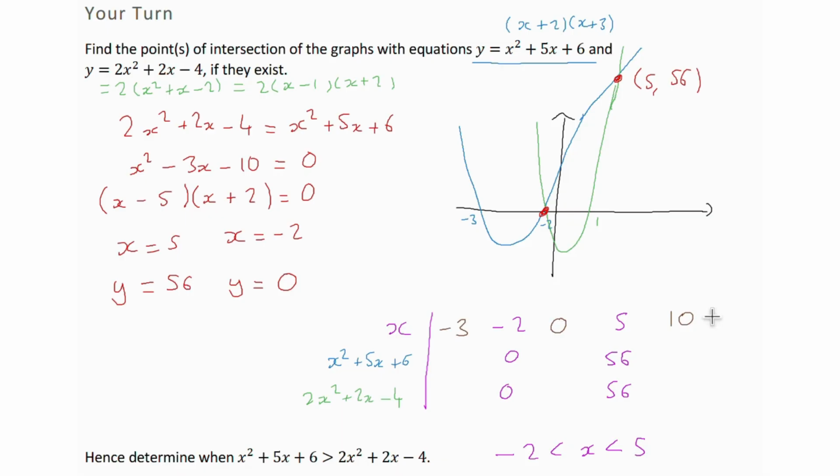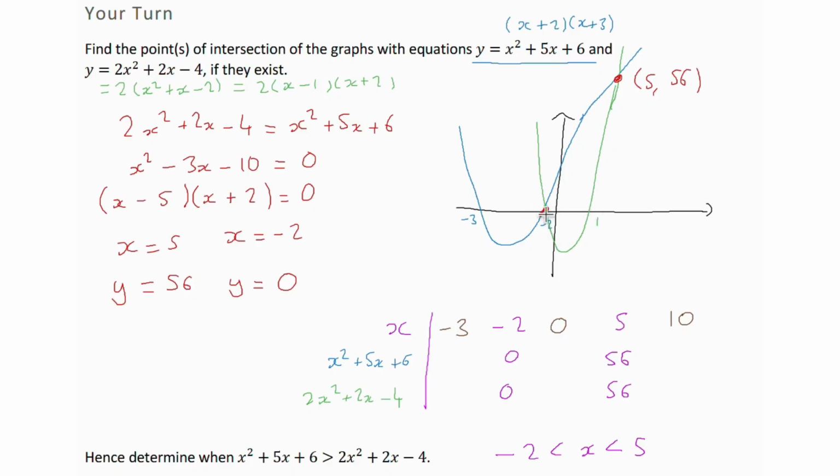Now I'm choosing these values around it because what I'm saying is, given that I know they only intersect at these 2 points, they don't intersect at any other point, and these are quadratic, so they're continuous, they keep going, they don't have any gaps in them. I know that any point to the left of this red dot, this root, this point of intersection, is going to be the same in terms of which function is above the other.